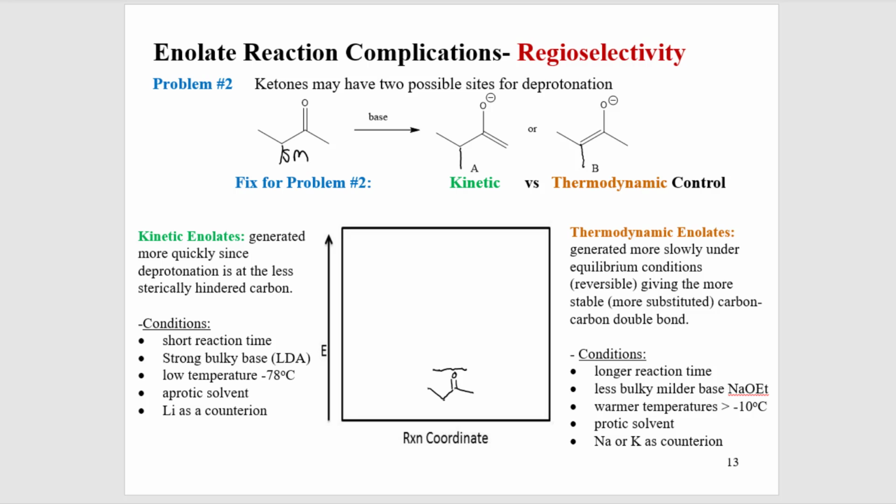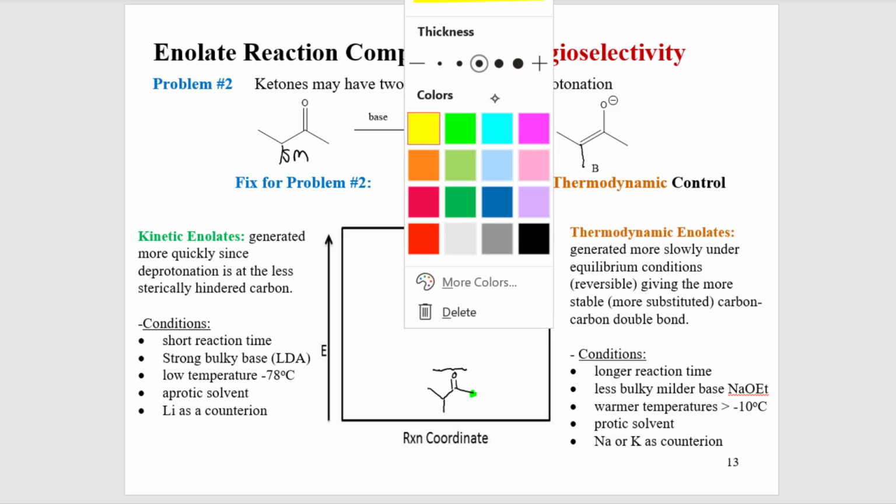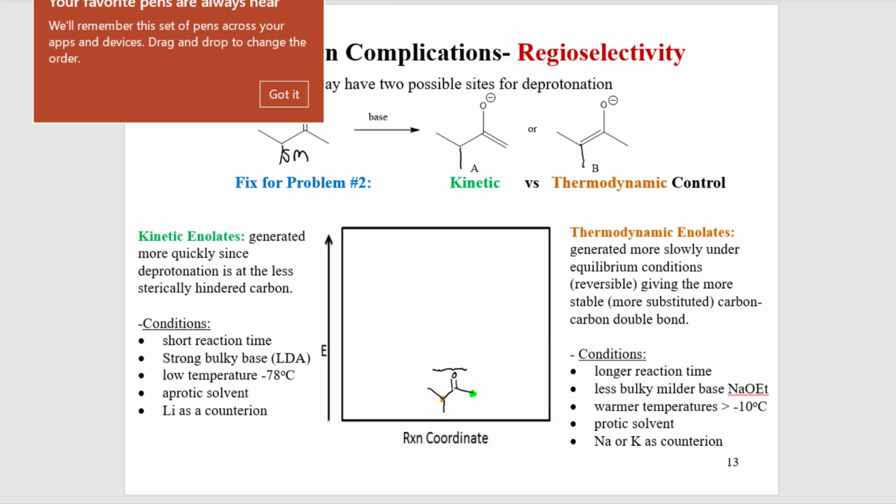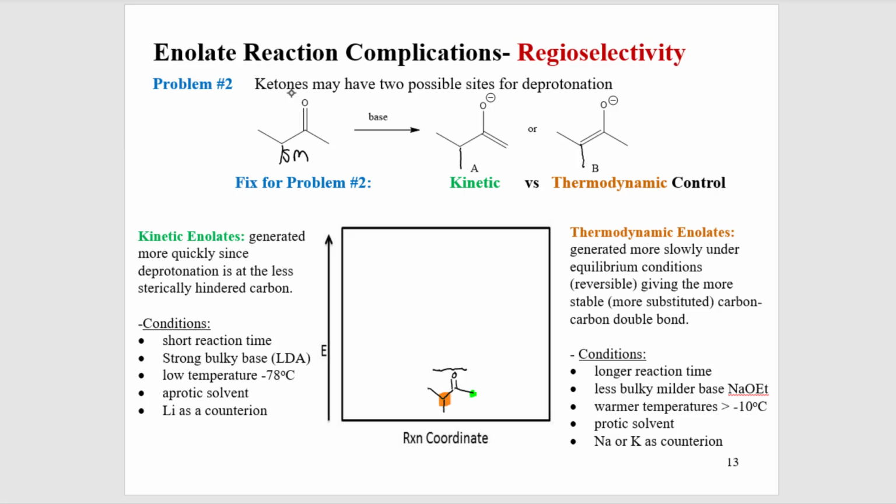Okay, so here's our starting material. All right, we have two carbons for possibility here. Oh, I want to add an orange. Okay. Got it. Okay, so we have two alpha positions, right? The green and the orange.